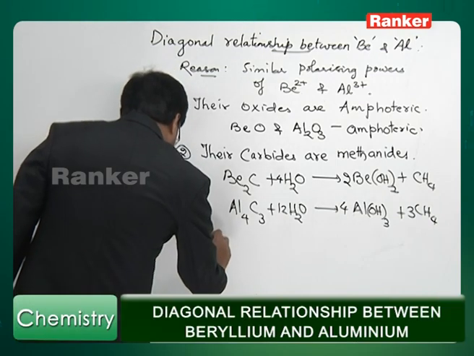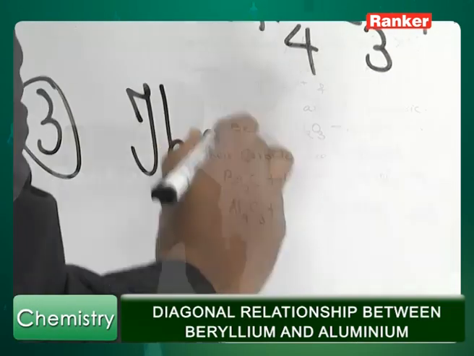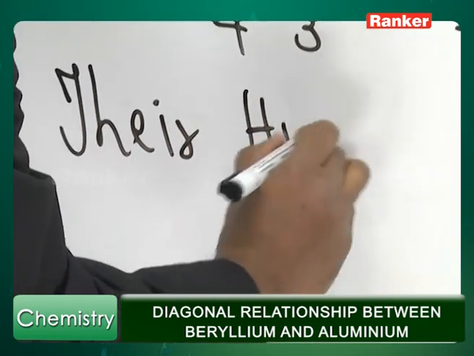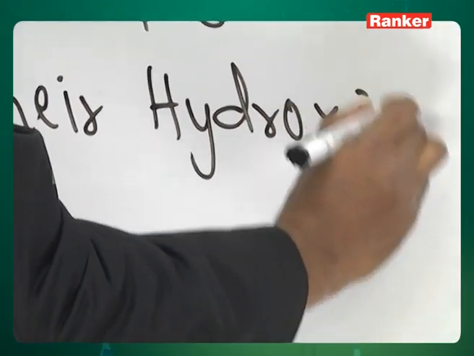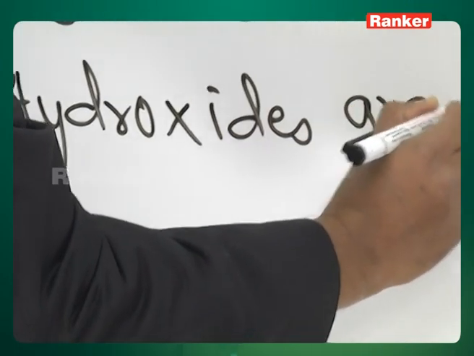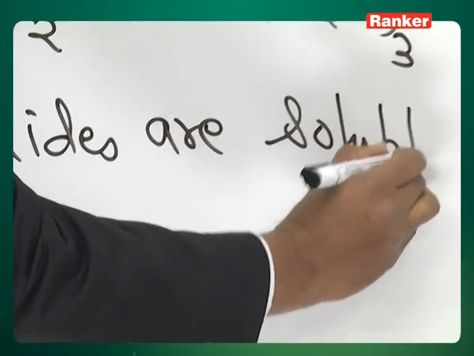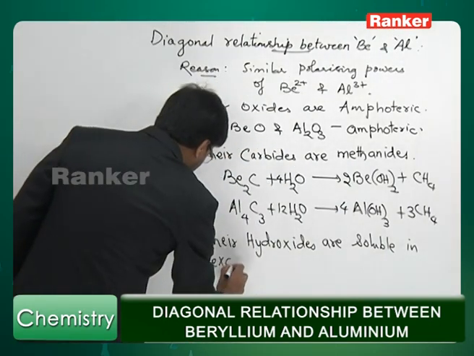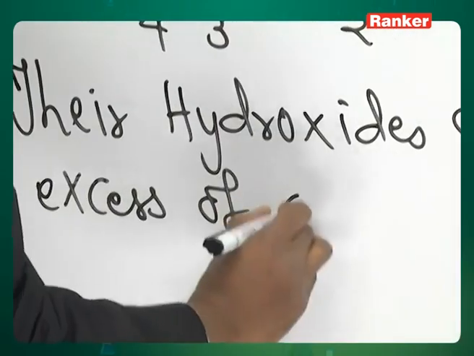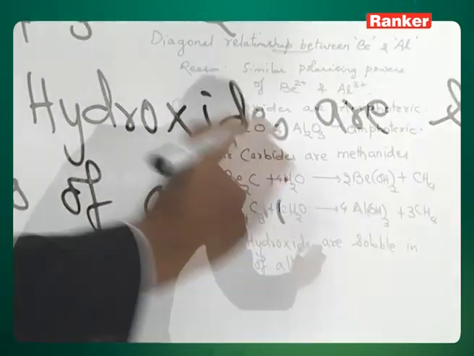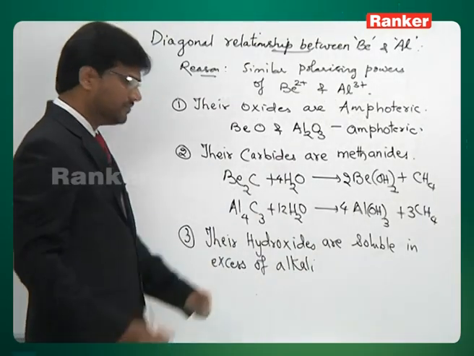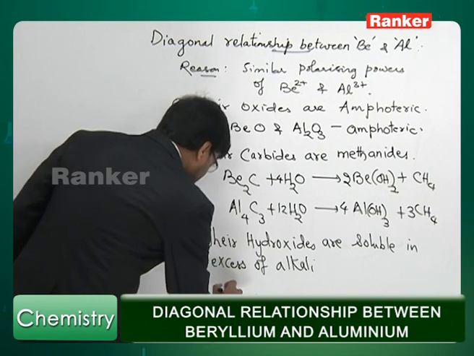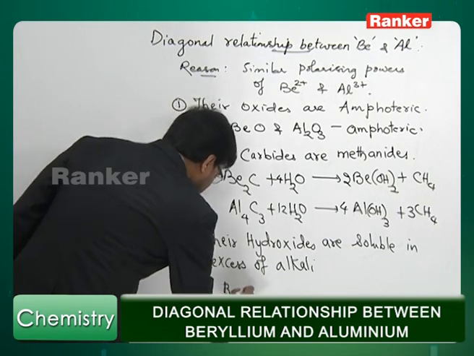Number 3 is regarding hydroxides. Their hydroxides are soluble in excess of alkali, like beryllium hydroxide.